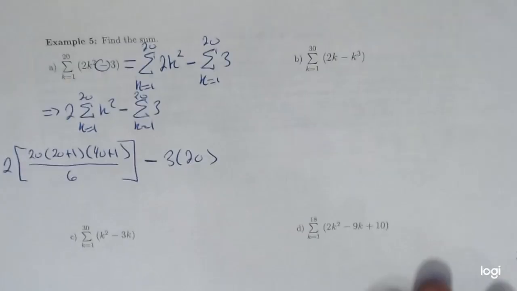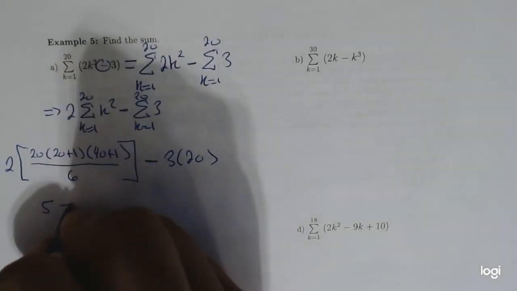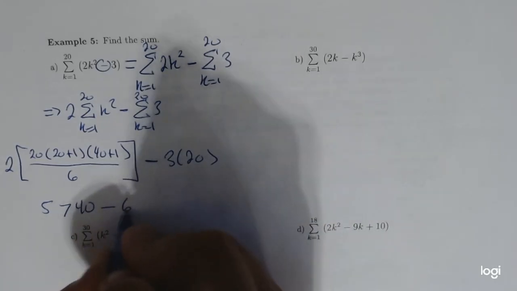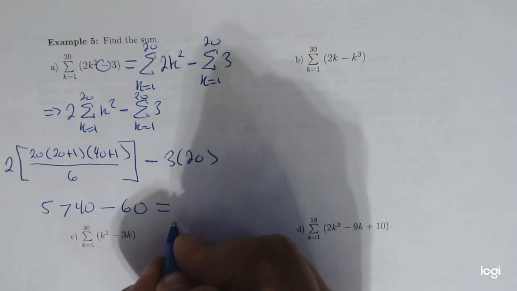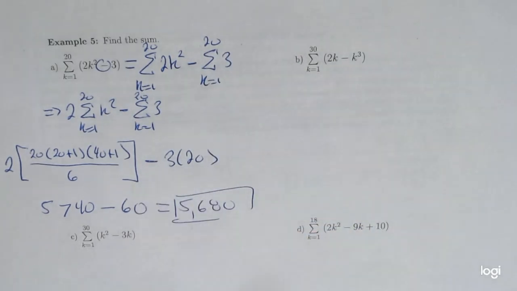At this point we just plug into the calculator. 20 times 21 times 41 divided by 6 times 2 should give us 5,740, and then minus 3 times 20, which is 60. So the grand total of the sum is 5,680.